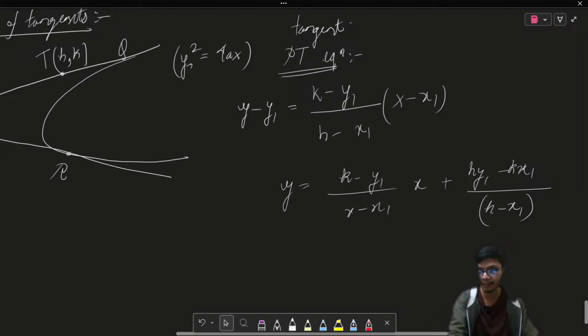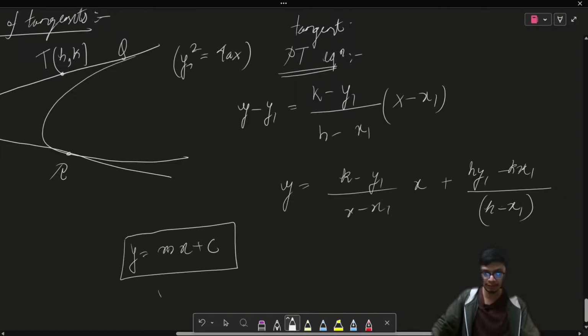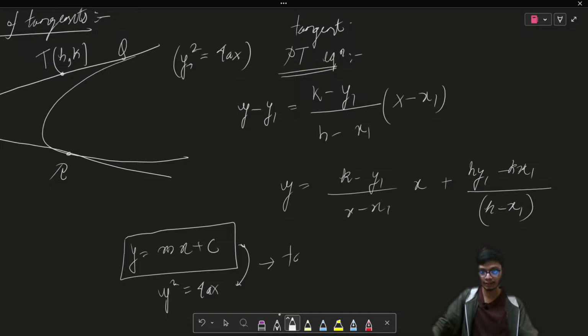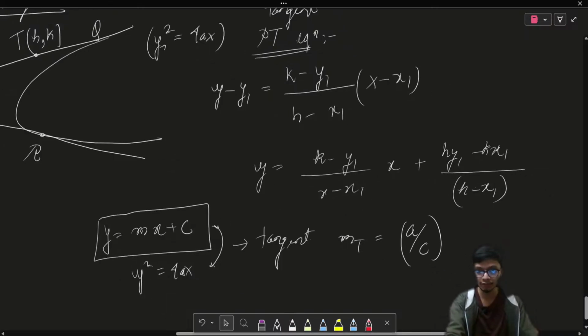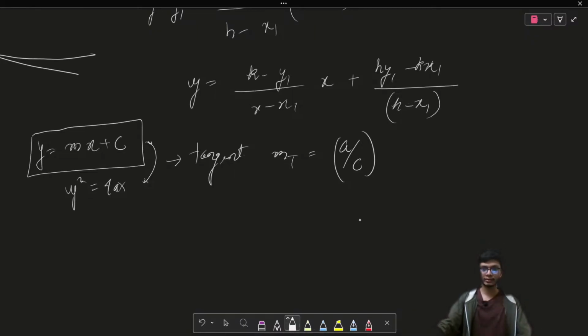Now if you compare for a given parabola, when we had the line equation y is equal to mx plus c to a given parabola y square is equal to 4ax, we saw that in the tangent case, c was given as a upon m. So if I compare these two lines, this is also the equation of tangent.